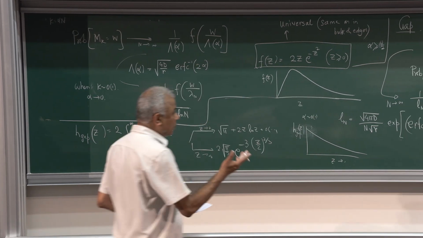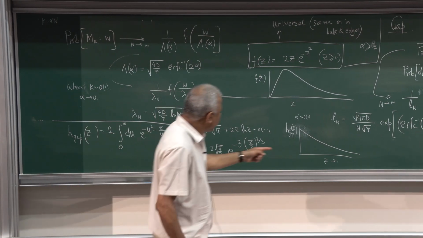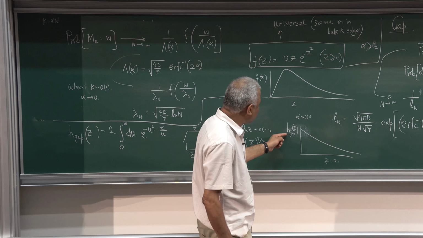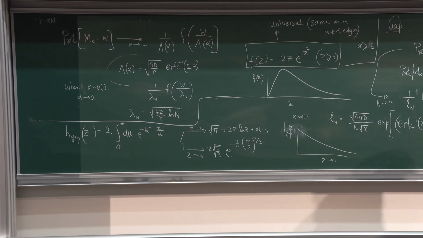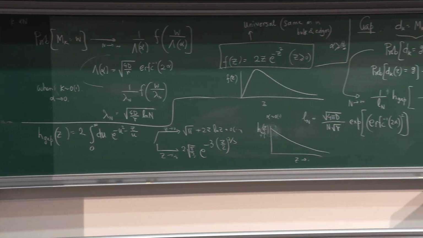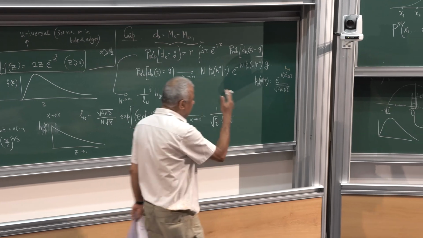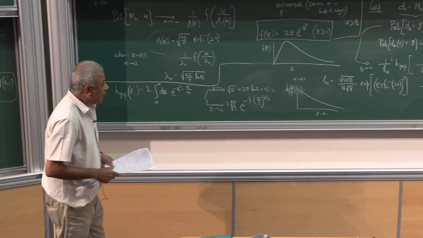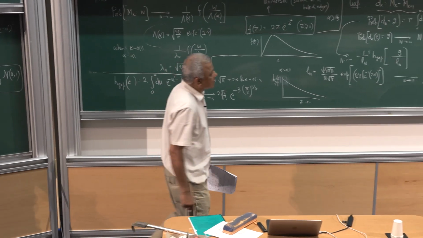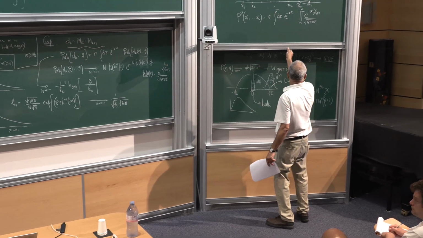Now this is very different from the log gas case, because you see this gap distribution does not vanish as z goes to 0. In the case of log gas, if you plot the corresponding gap scaling function, it behaves like this. It's called the Wigner surmise, or generally you can calculate it explicitly for beta equal to 2. And there it goes to 0, which reflects the fact that the particles are repulsive.